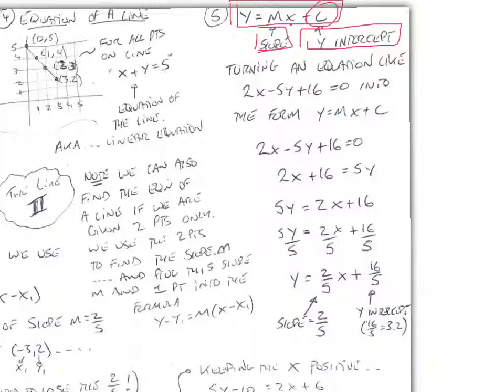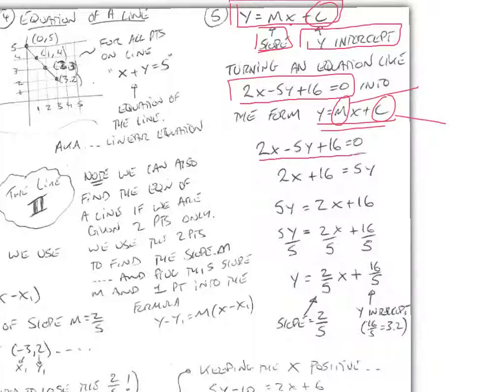So often we look to turn an equation of a line like 2x minus 5y plus 16 equals 0 into the form y equals mx plus c, because then we can immediately glance at the equation and say, well, the slope is this, and it cuts the y-axis there. So how do we do that? Let's turn 2x minus 5y plus 16 into the form y equals mx plus c.